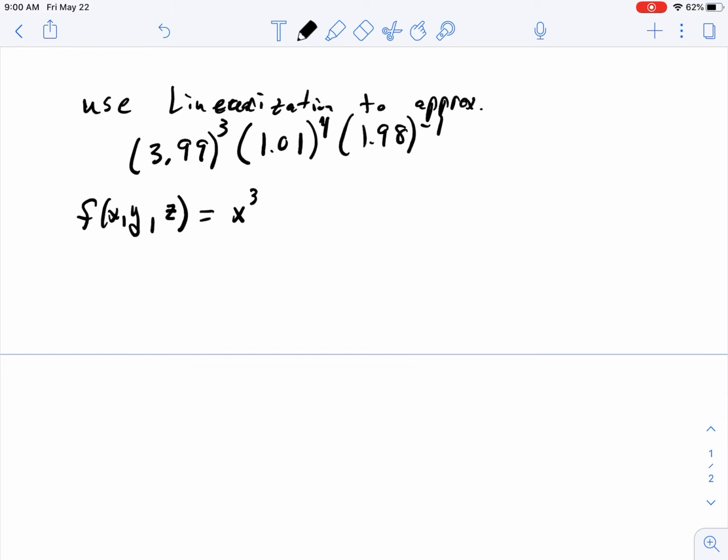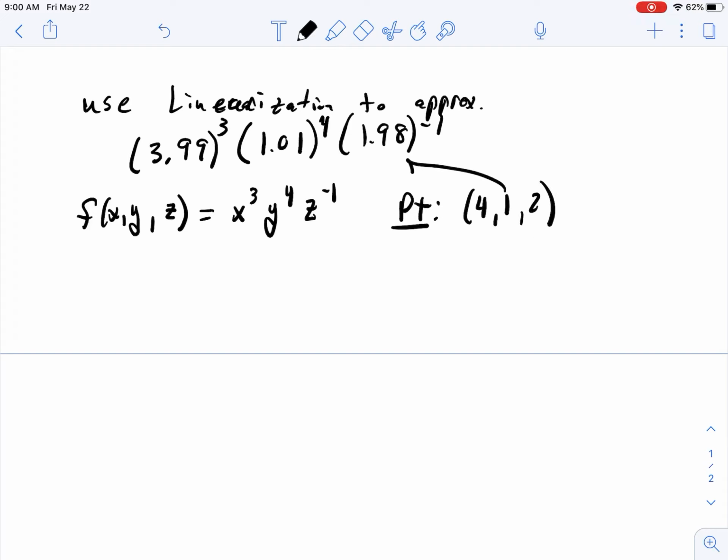My equation is going to be x cubed, y to the fourth, and z to the negative 1. And I'm going to do an approximation around 4, 1, and 2, close to each one of those numbers.